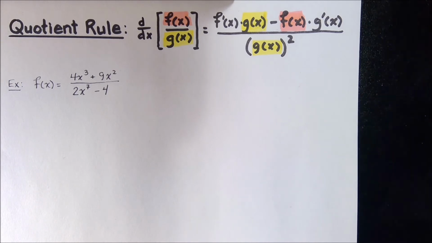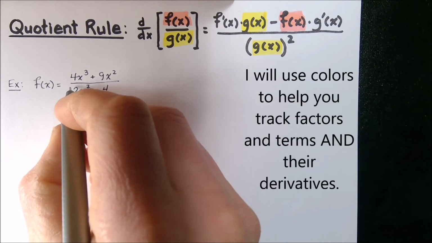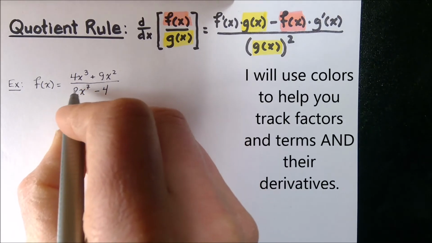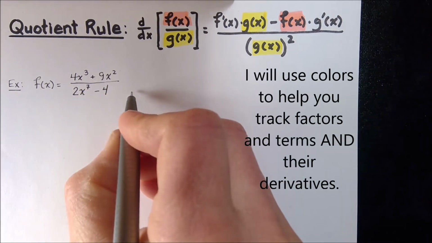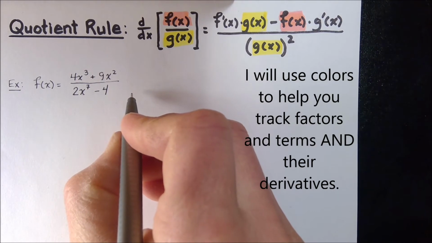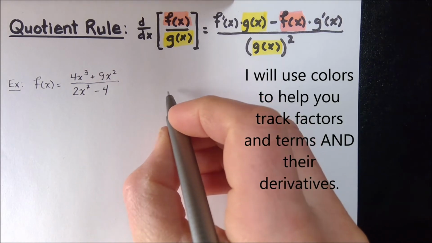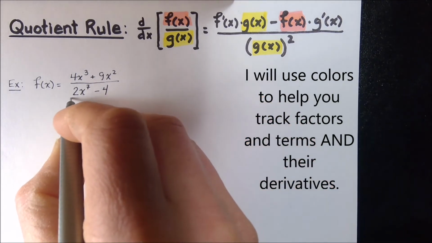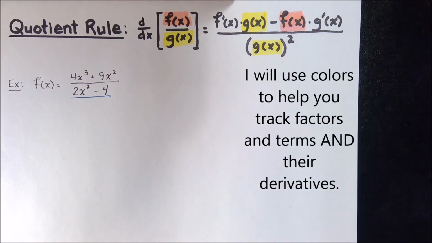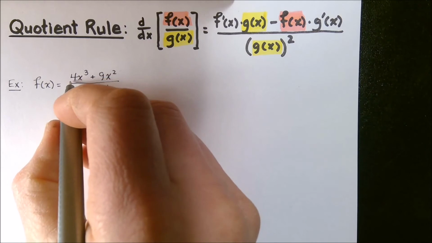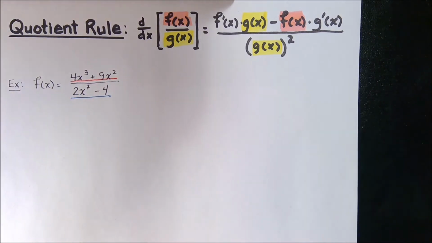What I'm going to do is use some colors again just to point out what's happening here and hopefully be able to track this a little better. I'm assuming my denominator is blue, my numerator is red.